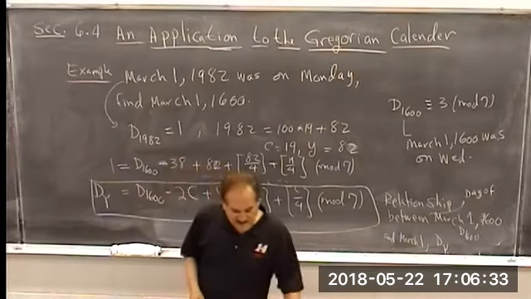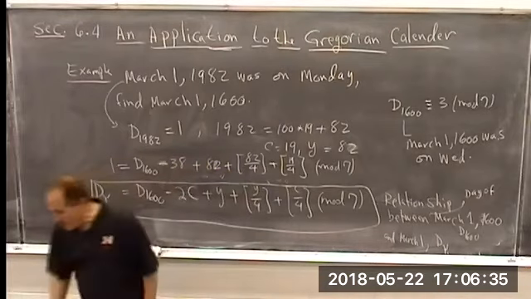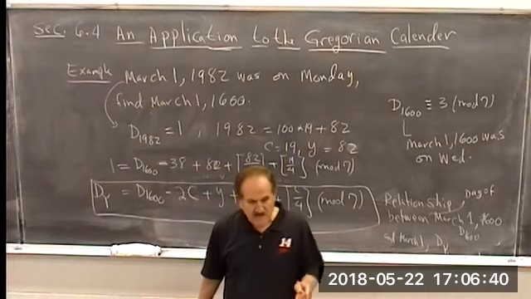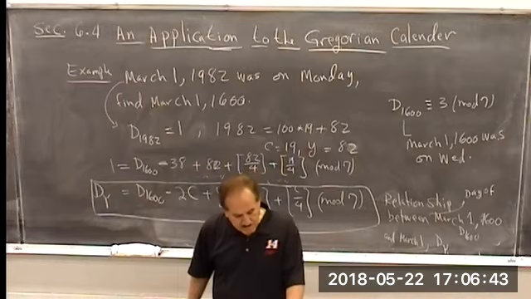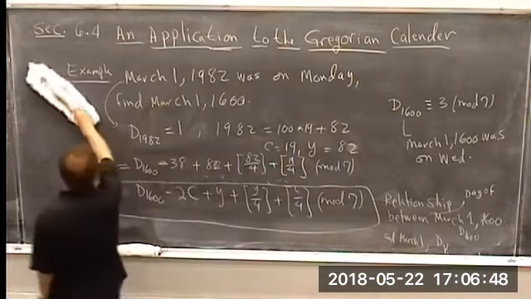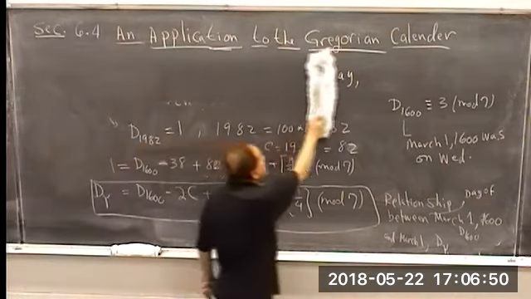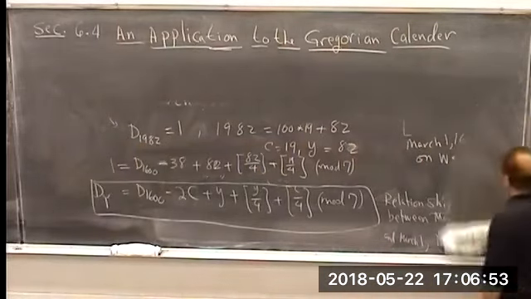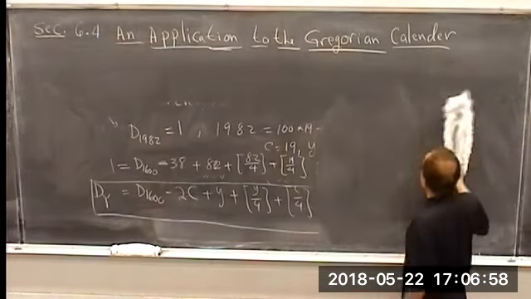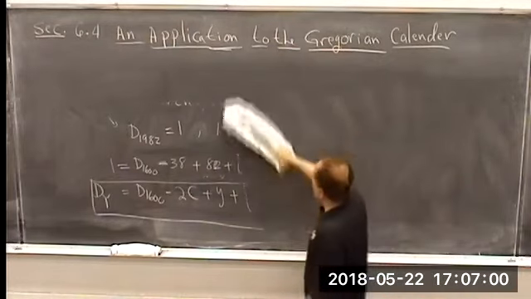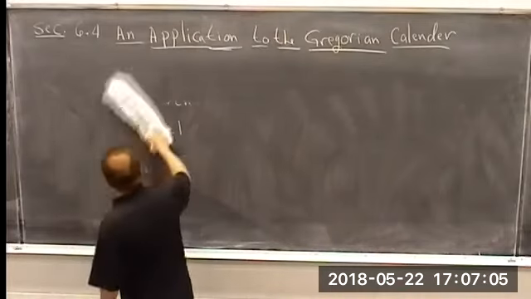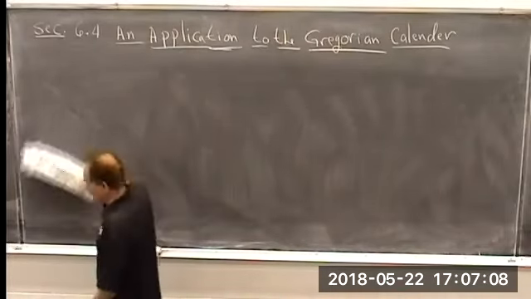Now, the next step is we're going to work on the months. We need to determine the day of the beginning, the first of each month. So let me write this objective. From there, we can go from March to any other month and any other day.